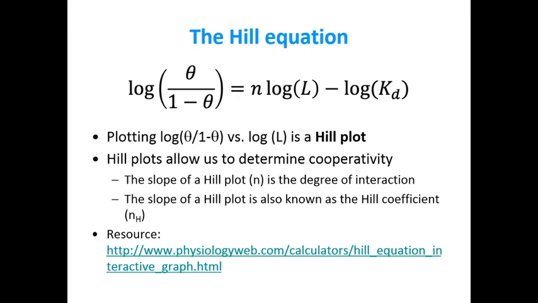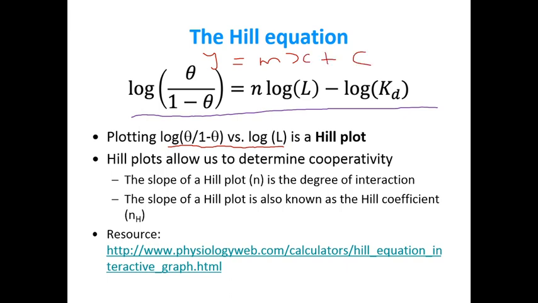So the Hill equation can be written in a logarithmic form, right? And this is what it is. We can plot log theta over 1 minus theta versus log L. So you can consider it in this fashion: y is equal to mx plus c.